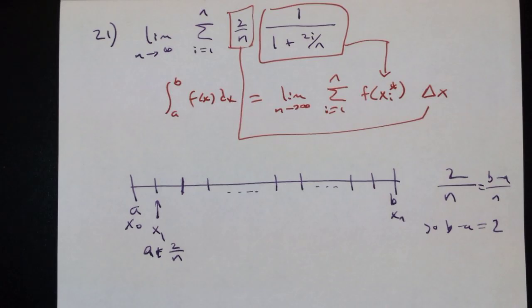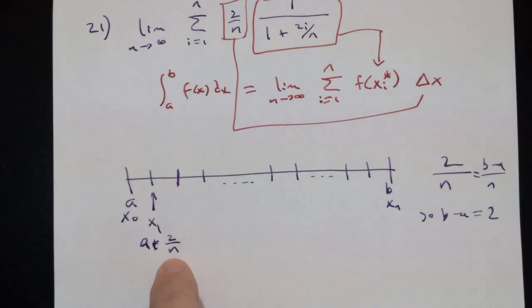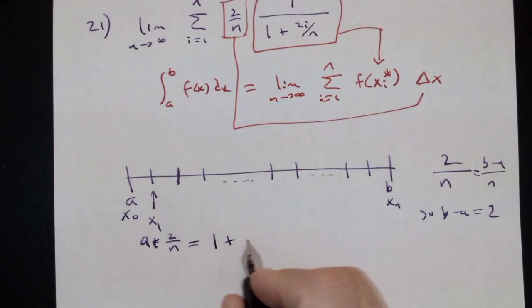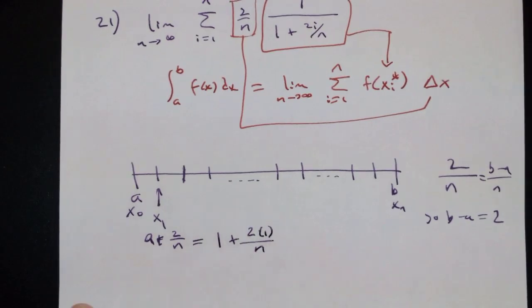All of a sudden, I recognize that thing as x1 star. Wait a minute. That is equal to 1 plus 2i over n when i is 1. What's a?